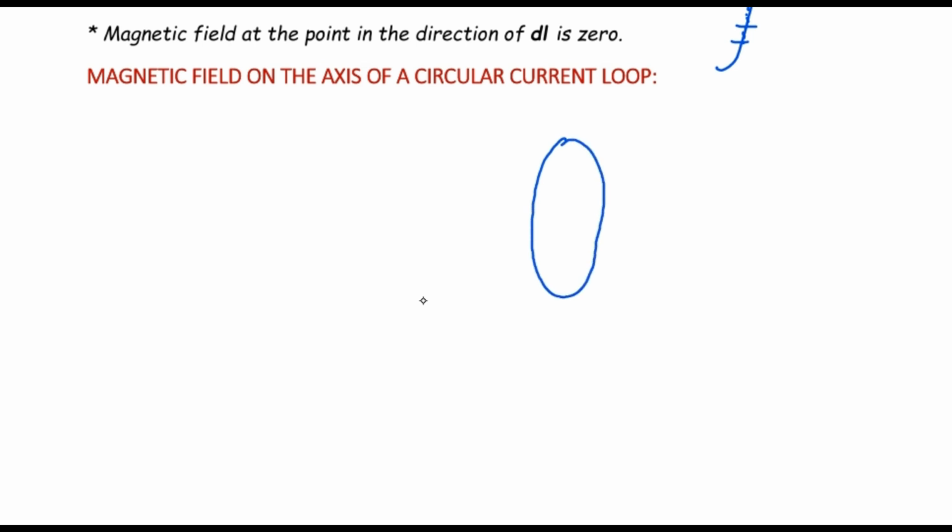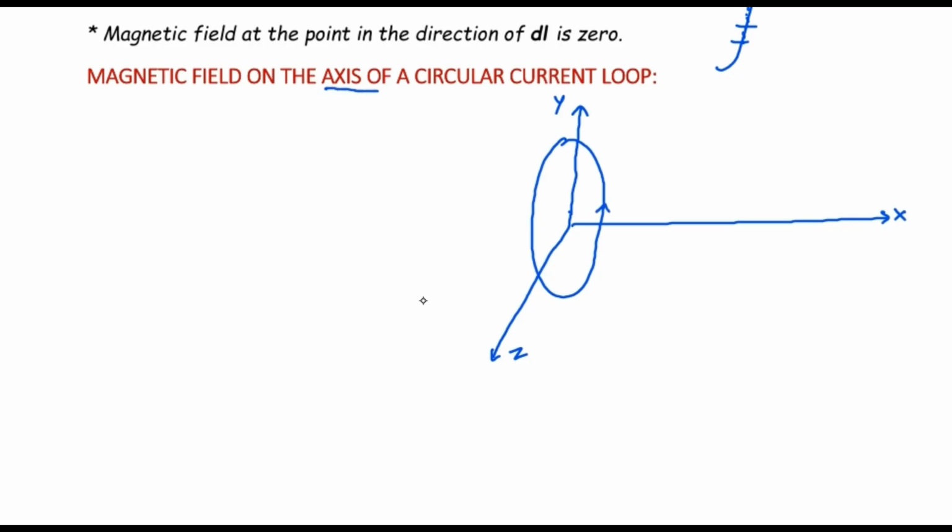This current carrying loop is in the YZ plane, and this is the x-axis. This is also the axis of the circular loop.